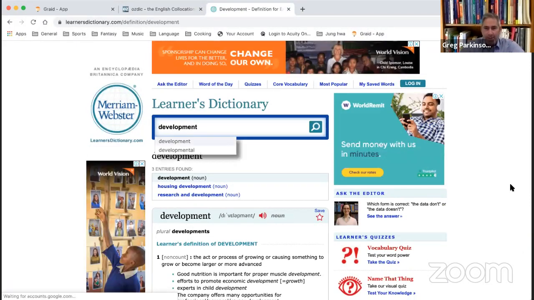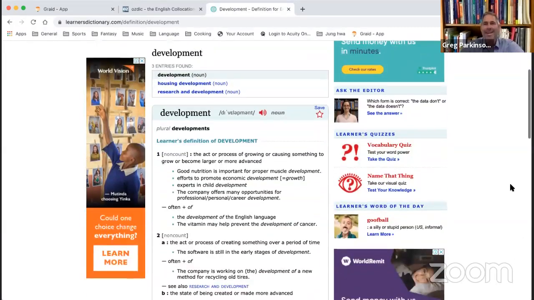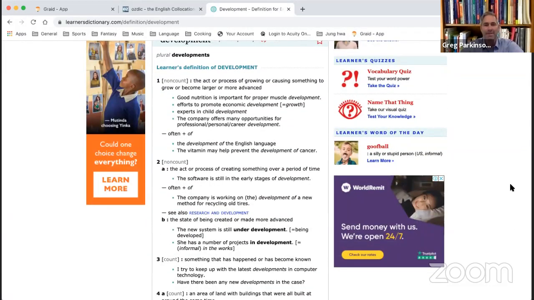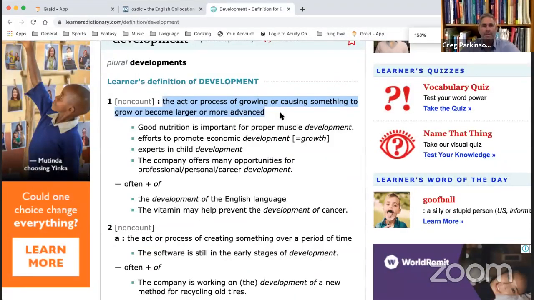Because it gives you easy to understand definitions, right? And in this case, the definition is the first one here. I'll see if I can make that bigger for you. The act or process of growing or causing something to grow or become larger or more advanced.